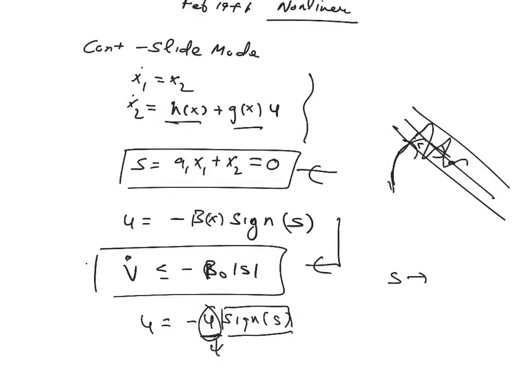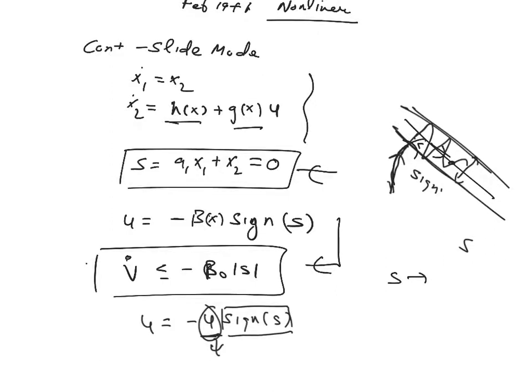So the idea is you use a saturation function such that outside this boundary you use the sign function, and inside this boundary you use a continuous function. That can happen in one single shot using a saturation function. I'll show you how that can happen.